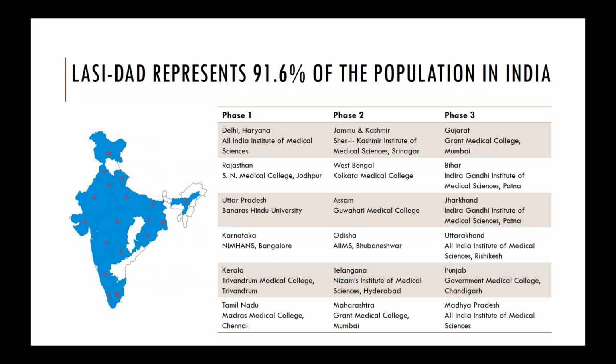When we first started LASI-DAD about 4 years ago, the original plan was to recruit the sample from 14 different states of India, and that was our phase 1 and 2 studies. But as we progressed on the project, we realized that there are incredible variations across the country.